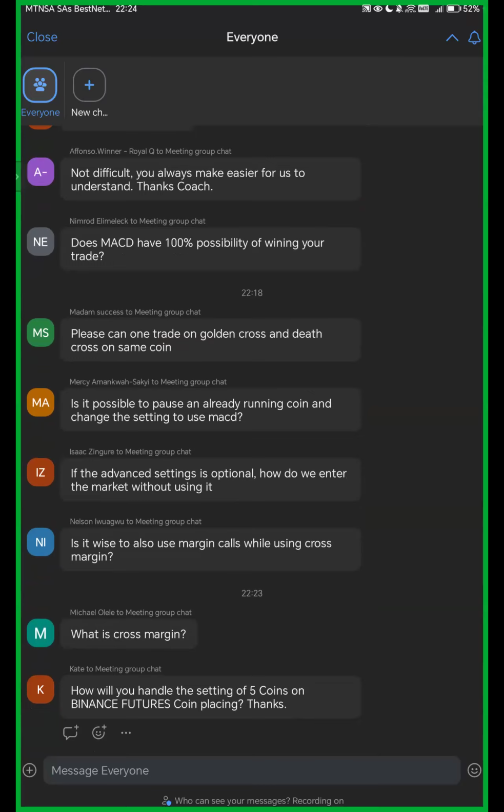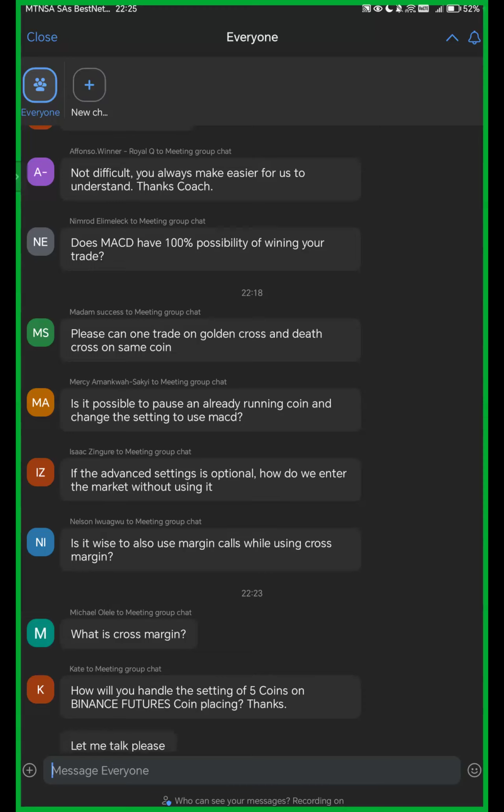Leader Kate, I don't understand your question. How do you handle the setting of 5 coins in Binance Futures coin placing? I said that when you are setting the coins, you are setting them in Royal Queue. You don't set them in Binance. The robot is the one that is trading. So if you are trading with the robot, you do not need to go to Binance and set them.